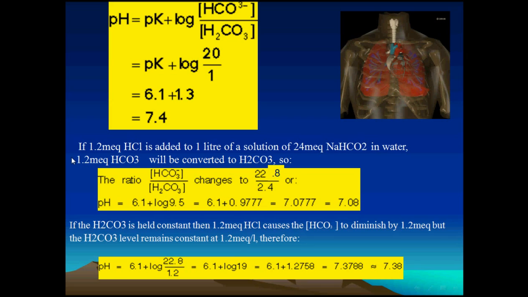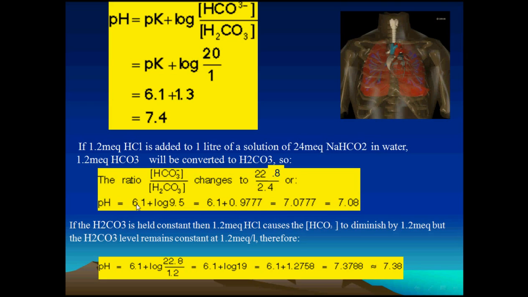So the bicarbonate decreases by 1.2, from 24 to 22.8, and the carbonic acid, which was 1.2, gets another 1.2 milliequivalent, so the carbonic acid will be 2.4. This gives the ratio 22.8 over 2.4, which is about 9.5, and we take the logarithm of that.